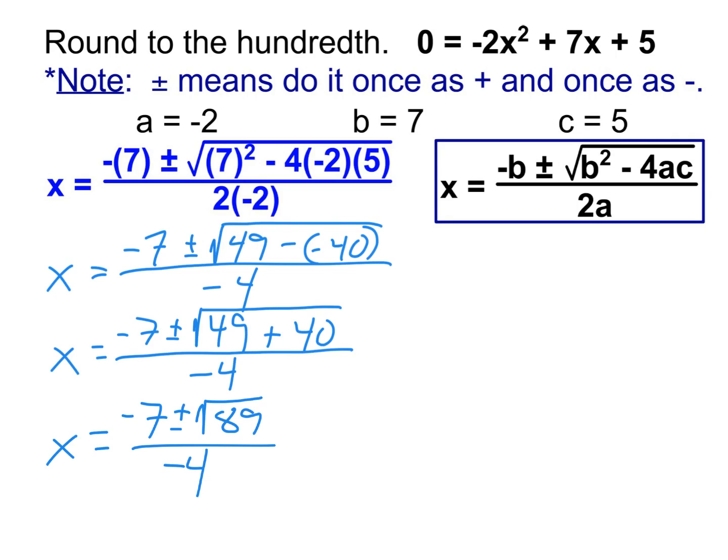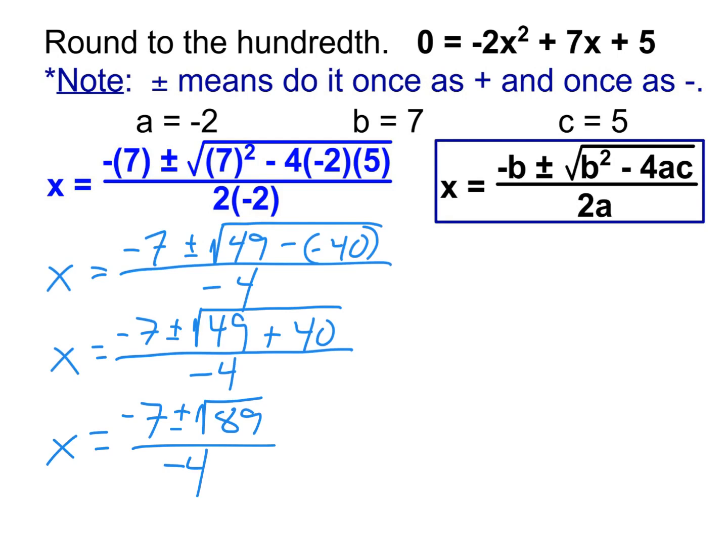If this problem said, give your answer in exact form, or in simplified radical form, or something like that, we'd be done at this point. That would actually be the answer, because exact form means we're leaving it in terms of the square root. But this one doesn't say leave it in exact form. It says round to the 100th. That tells us to give the answer as a decimal, which means we're going to have to break out the calculators on this one.